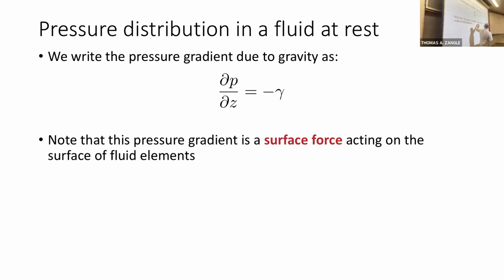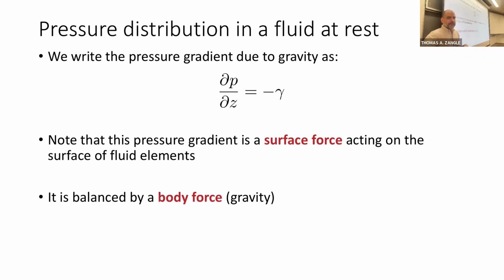And note here, just to remember, that the pressure gradient creates a surface force that acts at the surface of fluid elements, which came up in our derivation of the pressure gradient force on a fluid element. And in this case, we're showing that within the static fluid condition, the pressure gradient arises to balance the body force, a force that's exerted at the center of the fluid element, which is weight.